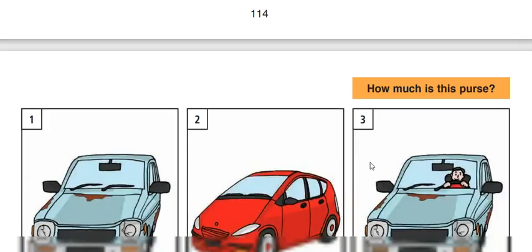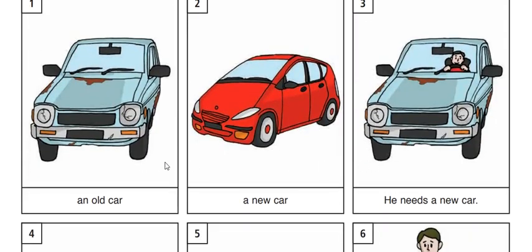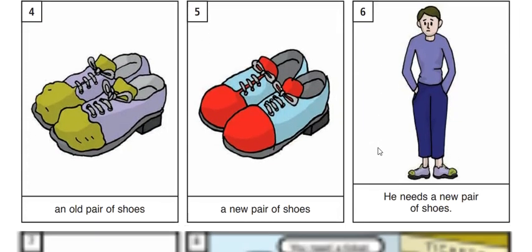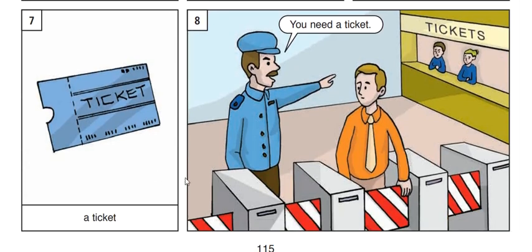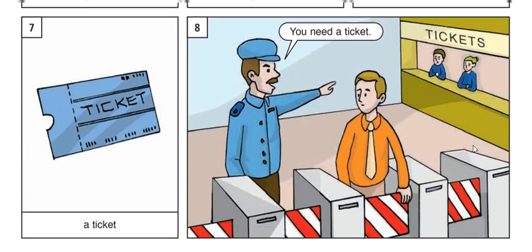Let's move to the next page. An old car. A new car. He needs a new car. An old pair of shoes. A new pair of shoes. He needs a new pair of shoes. A ticket. Do you need tickets?